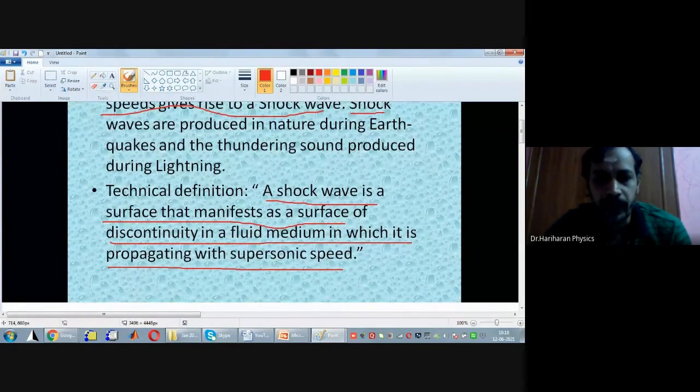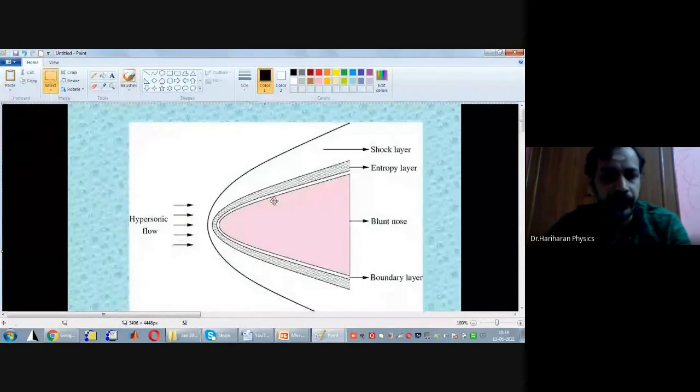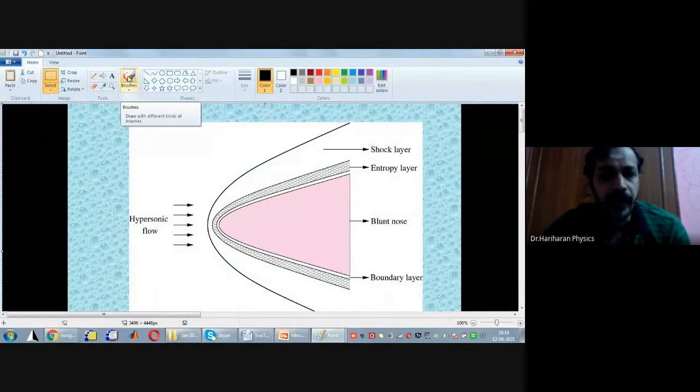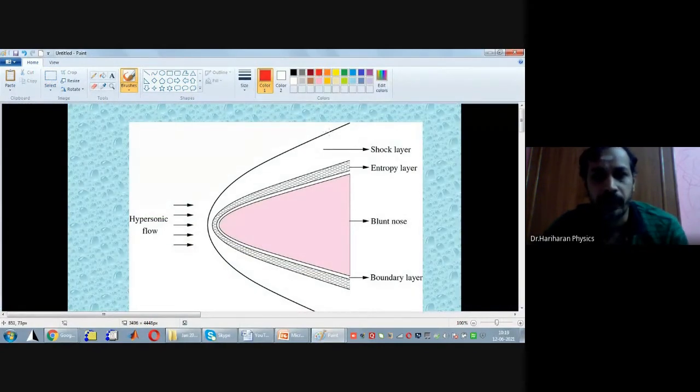A shock wave is a surface of discontinuity that occurs when an object is moving at a supersonic speed. Look here. What is the locus of our direct common tangent? The locus of direct common tangent is this.